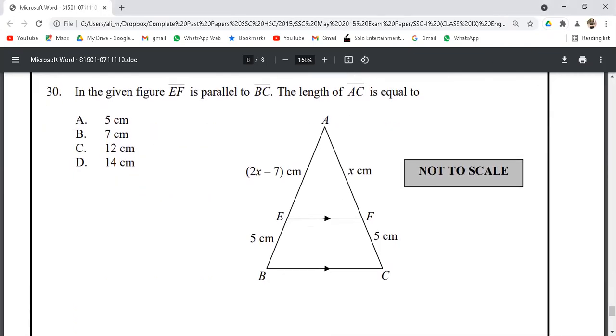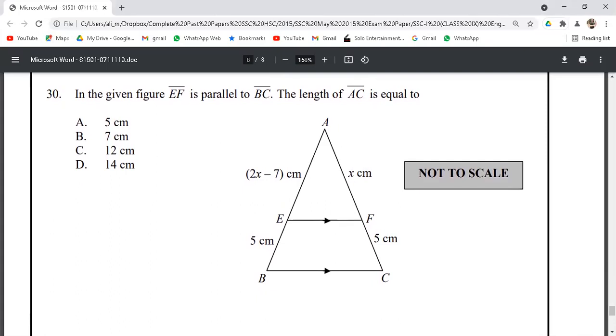Let's come to our last question for this year 2015. In this question, we have our triangle ABC, and we are given that these two lines are parallel. EF and BC are parallel. अगर ट्राइंगल के किसी भी एक साइड के पैरेलल हम एक लाइन ड्रॉ करते हैं तो वो लाइन हमेशा ट्राइंगल को प्रोपोर्शनली डिवाइड करती है.